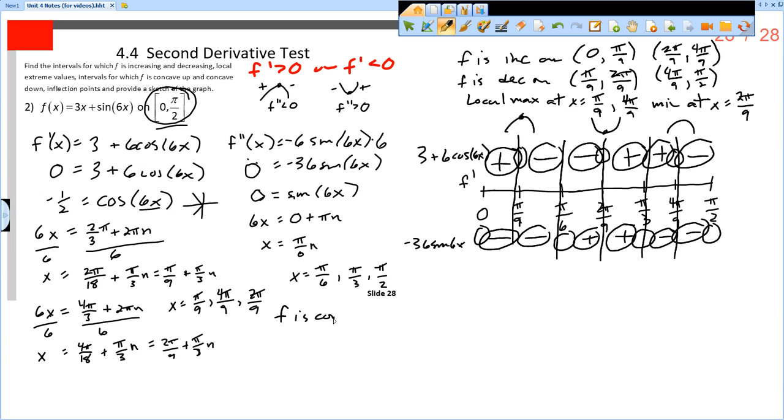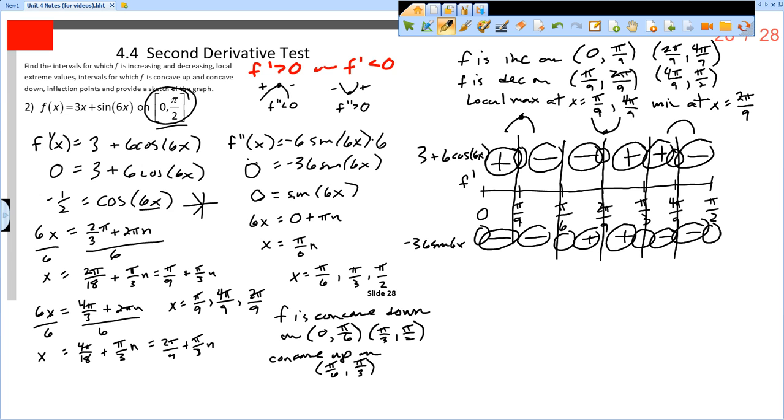So f is concave down on the interval whenever this is negative, so from 0 to pi over 6, and then from pi over 3 to pi over 2. f is concave up on the interval whenever this is positive, so pi over 6 to pi over 3.